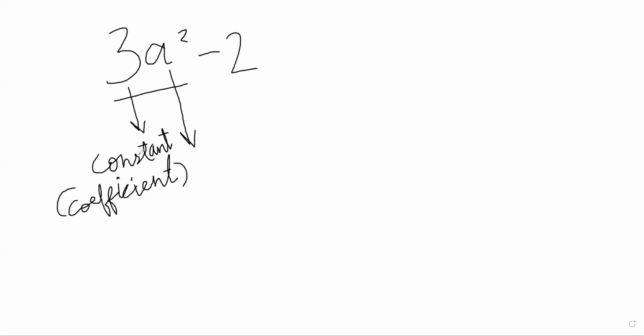So constant, but this time it will be called as coefficient because it is along with the, what we call this, a square. That is a square, but what do we call this in algebraic expression? Terms. So what do we call this, Priyanshu?